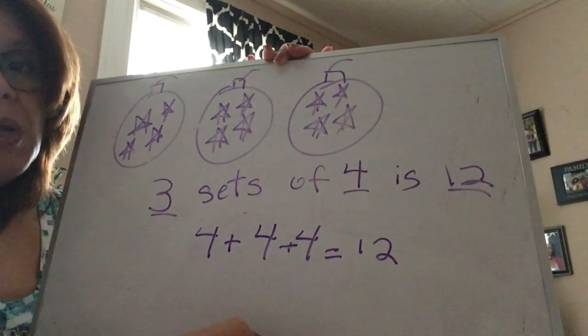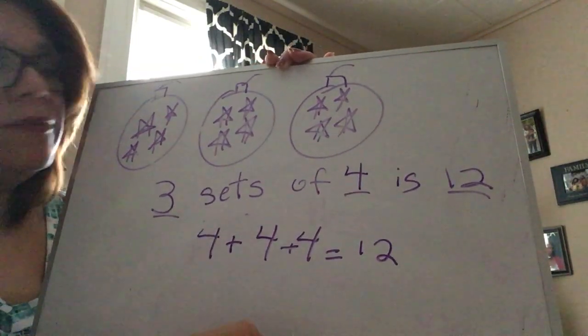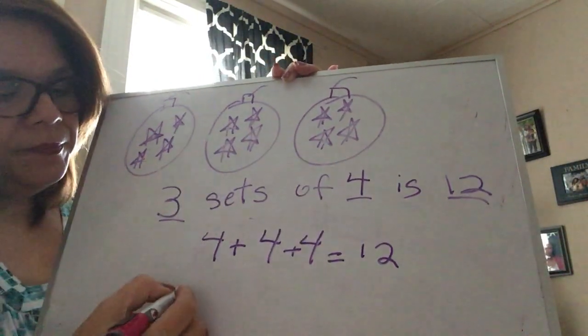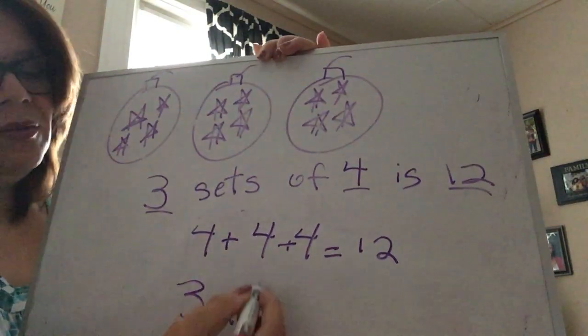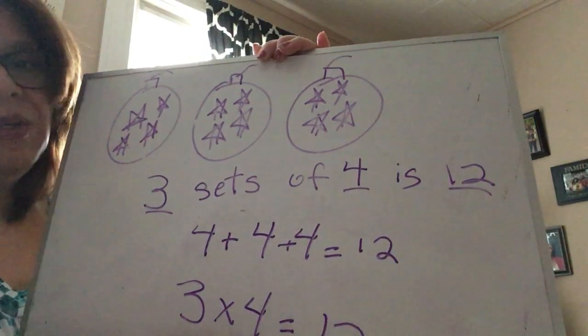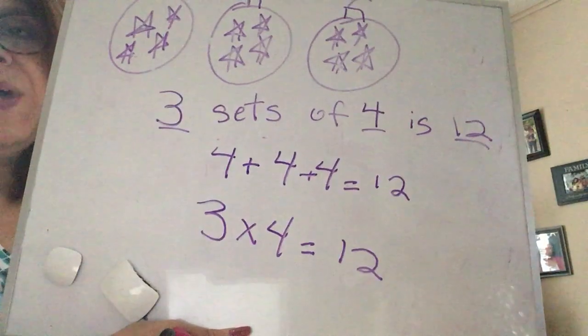We could use multiplication to show 4 plus 4 plus 4 is 12. We can do 3 times, and how many in each? 4 equals 12. 3 times 4 equals 12.